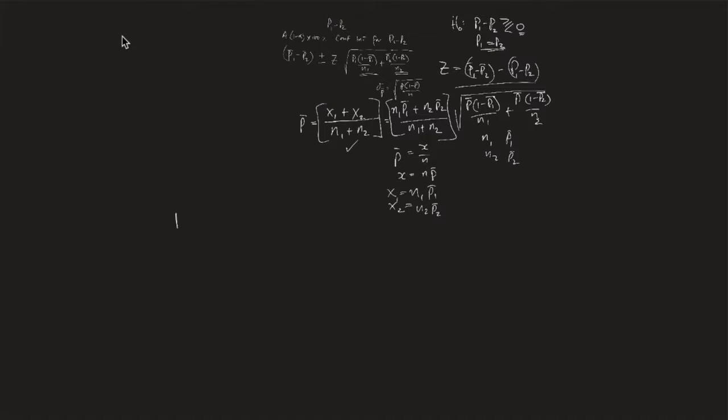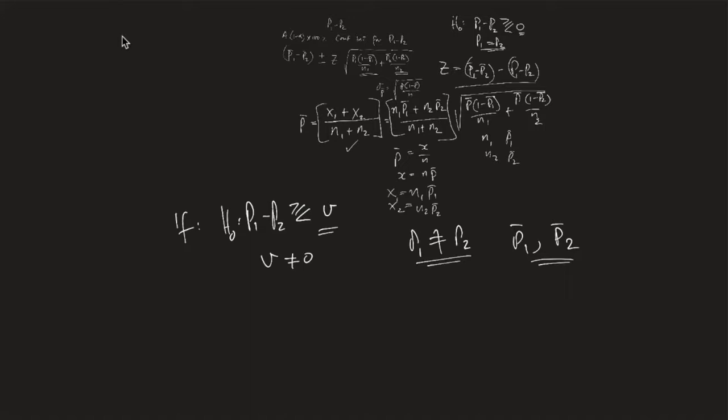So if now in H0, P1 minus P2 is either greater than or equal to, less than or equal to, or equal to a particular value, where that value V is not 0. If that's the case, then clearly P1 is not equal to P2. And our best estimates of them will just be our sample estimates, P bar 1 and P bar 2.